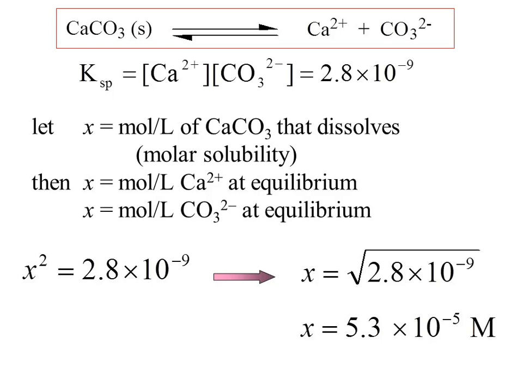With two sig figs, X is 5.3 times 10 to the negative 5th, and we'll put units of molarity there because by definition that is our molar solubility. So that's the molar solubility of this salt given that KSP.